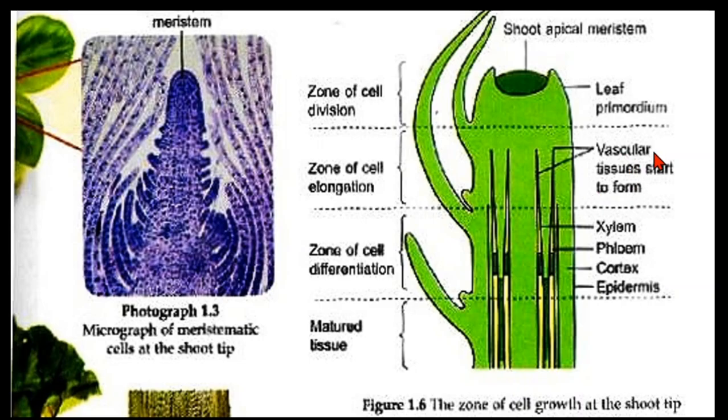You know what is vascular tissue, right? The xylem and the phloem start to form here. Zone of cell differentiation, they are fully formed. The xylem, phloem, cortex, epidermis. Because this is where cell differentiation happens, and here is the mature tissue.